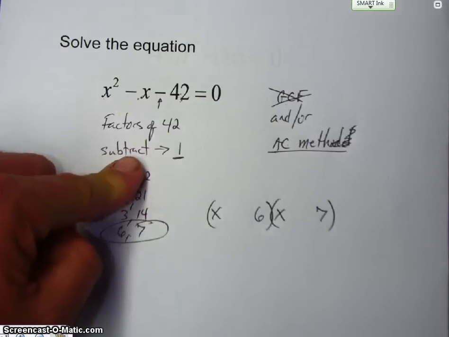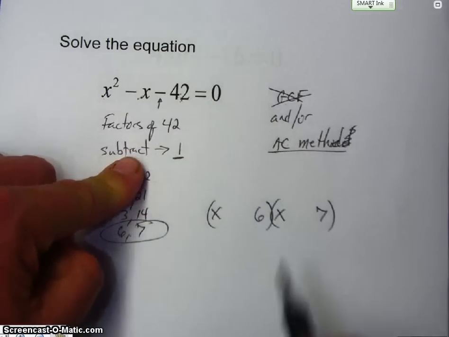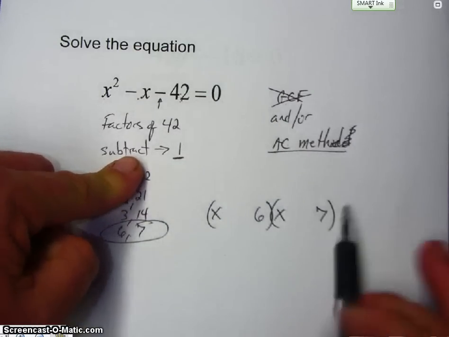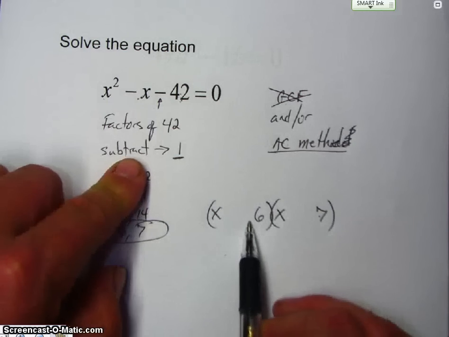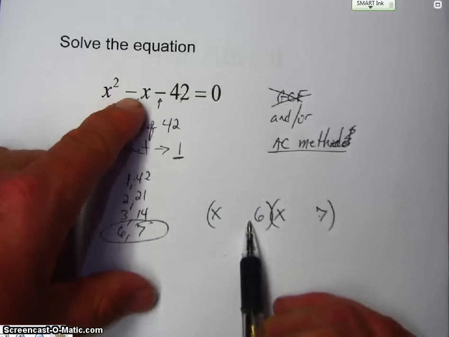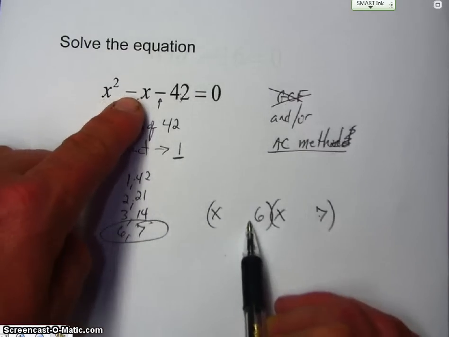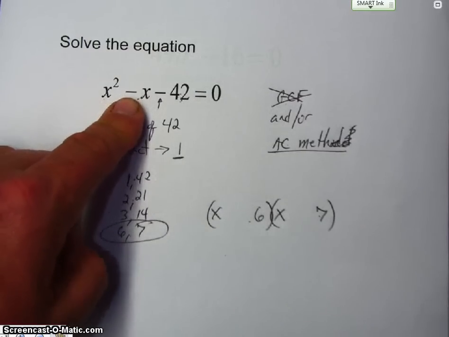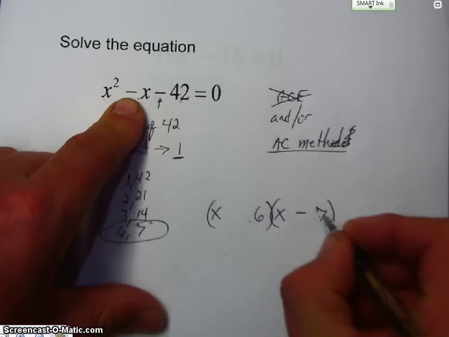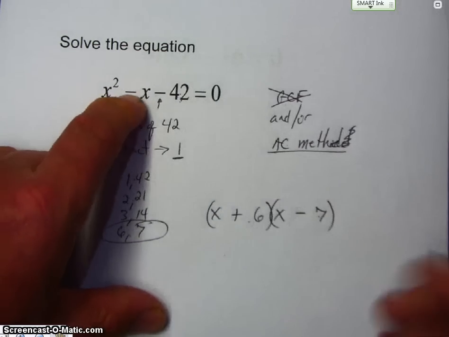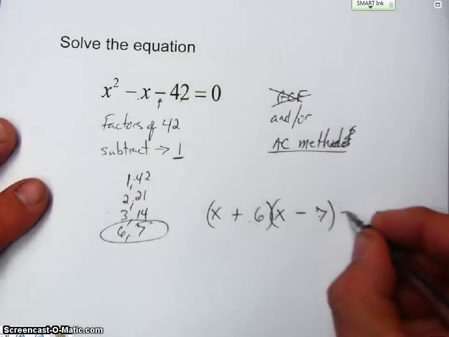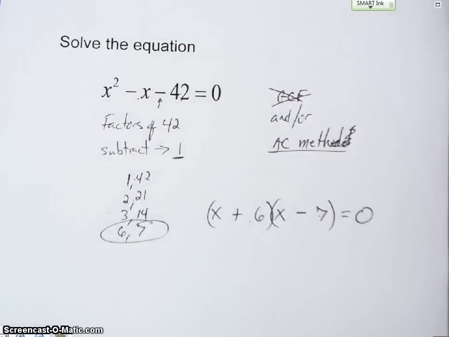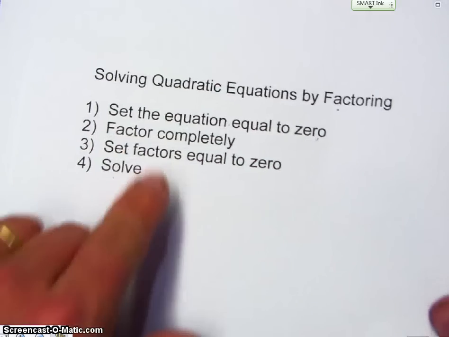So how do I know which one is positive, which one's negative? Is the 7 the negative or the 6? Well, you look here. It's a negative there. So that means the larger number has to be negative. So that means the 7 must be negative, and the 6 must be the positive. Remember, this is still equal to 0. So now we have factored completely.